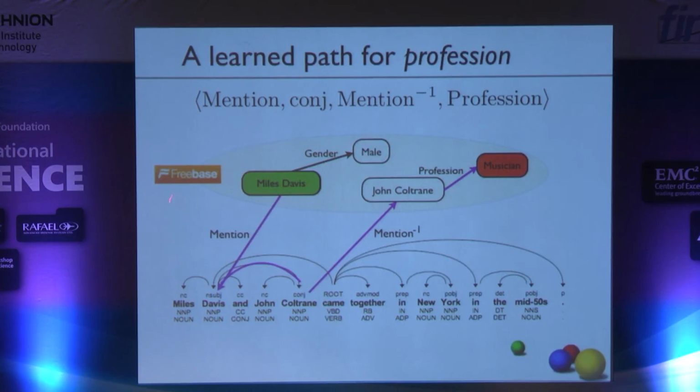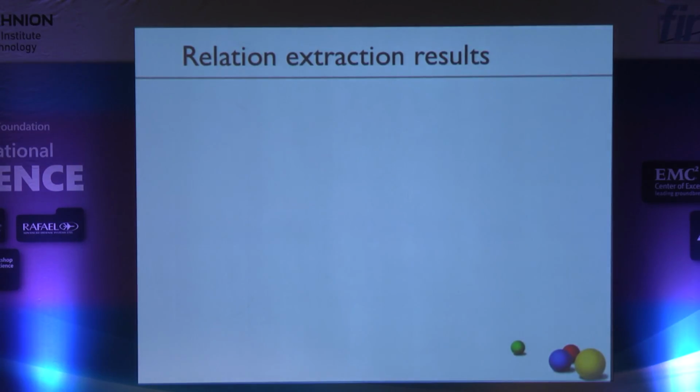So the path that goes mention, conjunction, mention minus 1, profession is a suggestive path for having the same profession. People that conjoin together often have the same profession, but not always. This path can be wrong. But we take many path types like this, and we then combine them, and that's what gives the method the power.